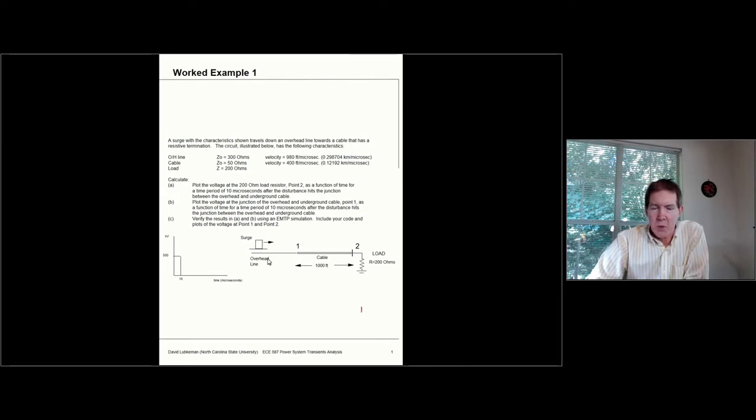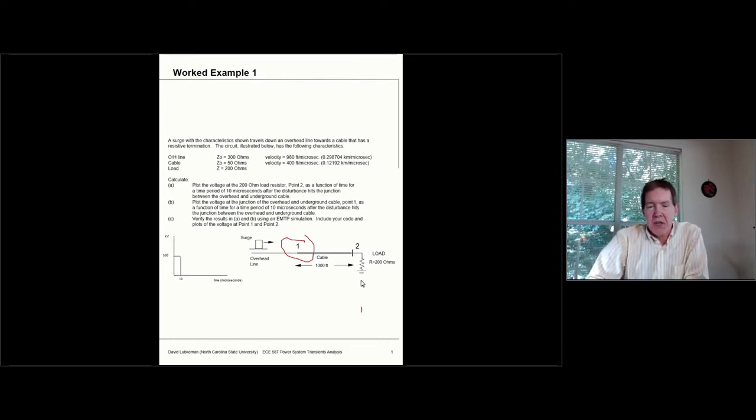And what we're concerned about is what happens when we hit this discontinuity that's given by this cable section right here, at point 1, and then this is going to travel down a length given by 1,000 feet, and then it's going to hit a load, and let's say the equivalent load resistance looks like 200 ohms.